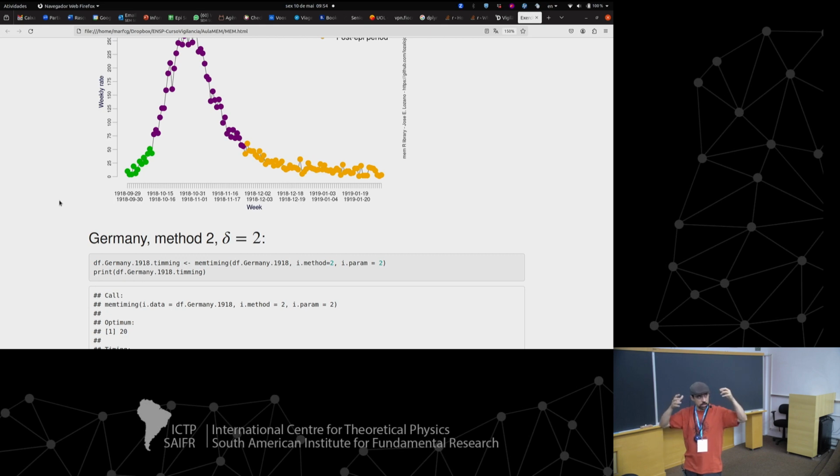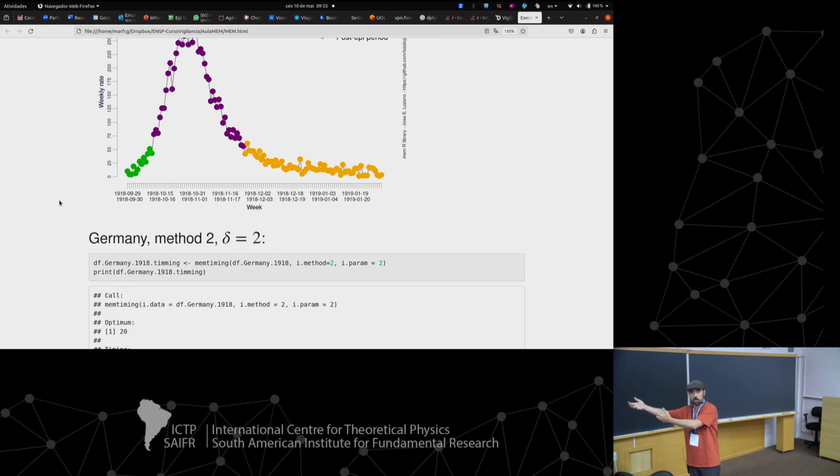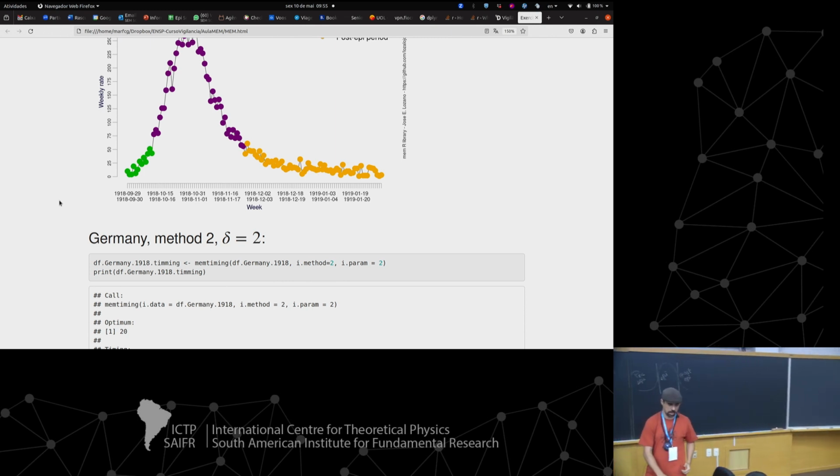Okay? This is how you use the information associated with the construction of the method to tweak the parameters based on the result that you got as a starting point. Okay? This is the workflow associated with that.